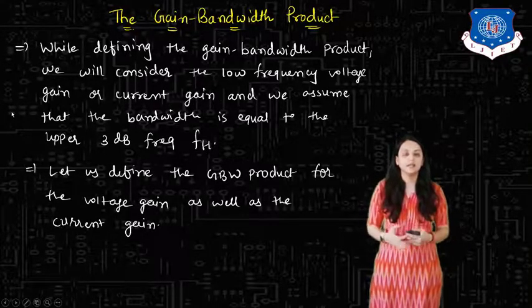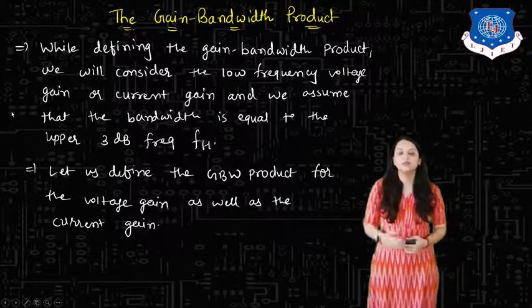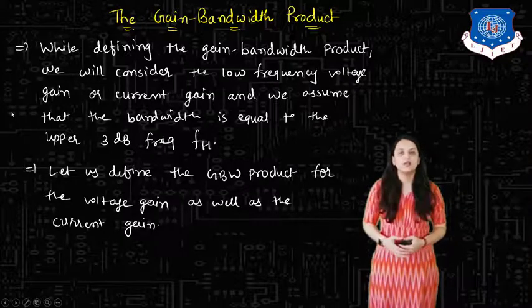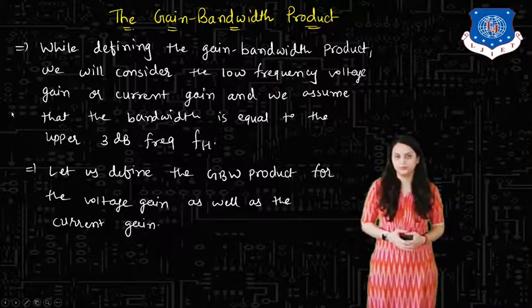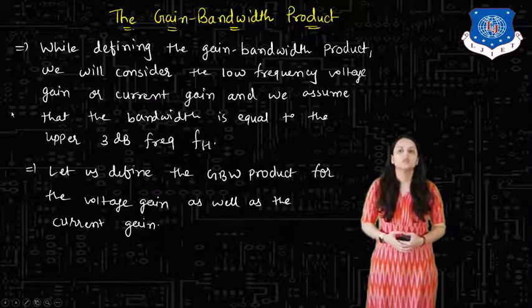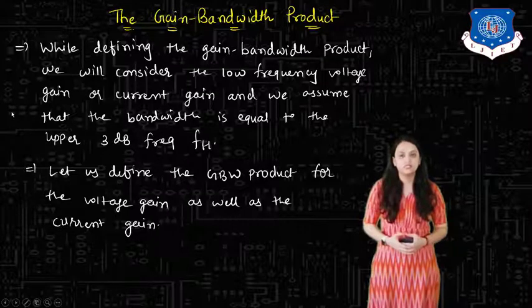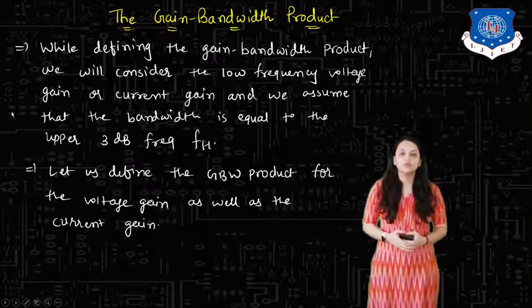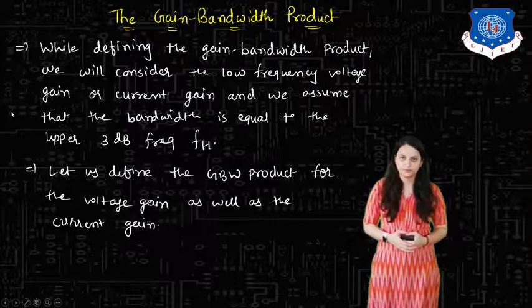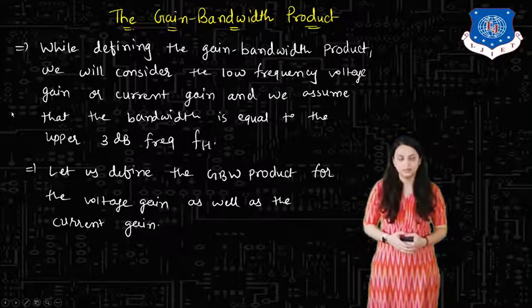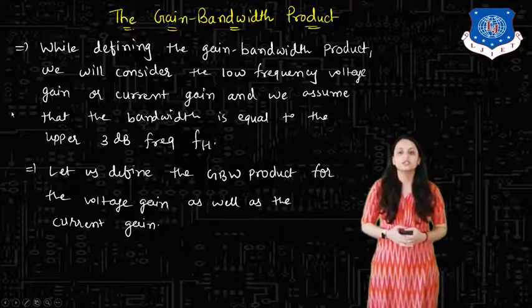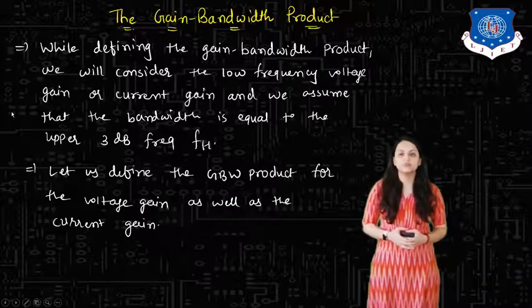Now let us see the next topic, the gain bandwidth product, which is also called GBW. While defining the gain bandwidth product, we will consider the low frequency voltage gain or current gain, and we assume that the bandwidth is equal to the upper 3 dB frequency FH.